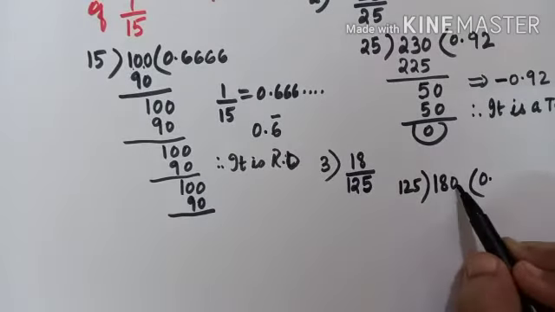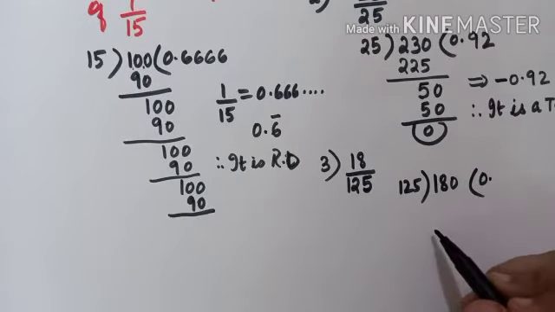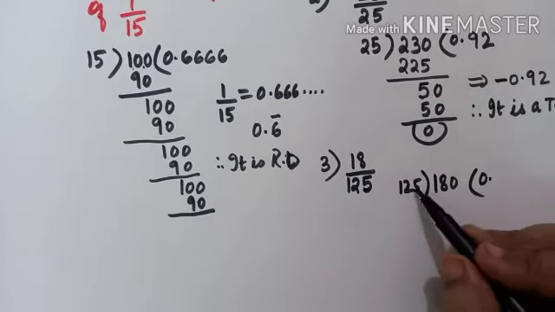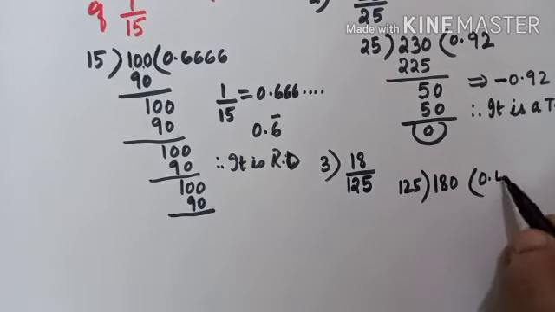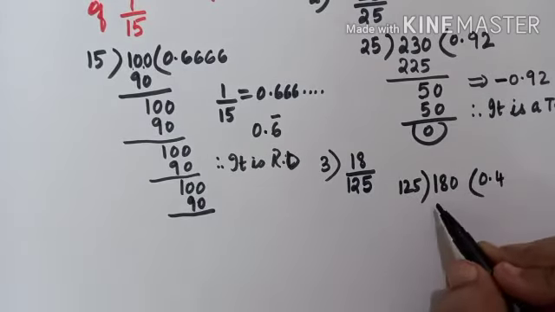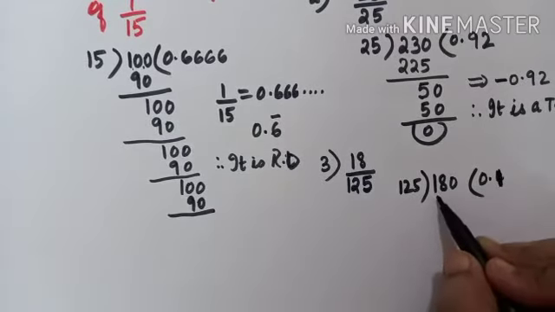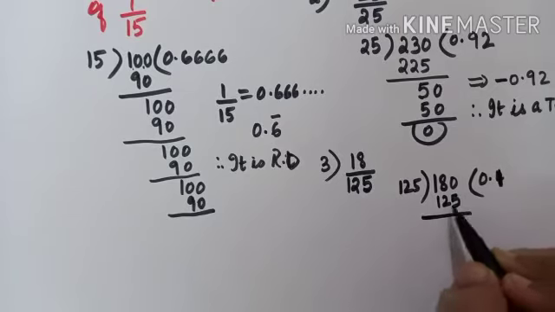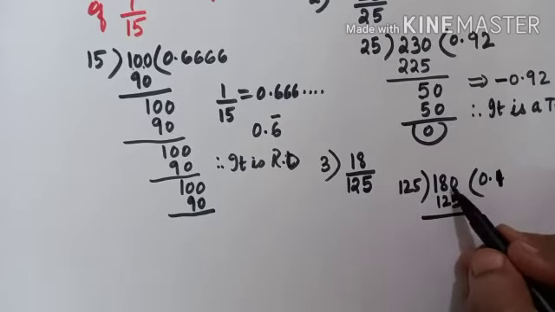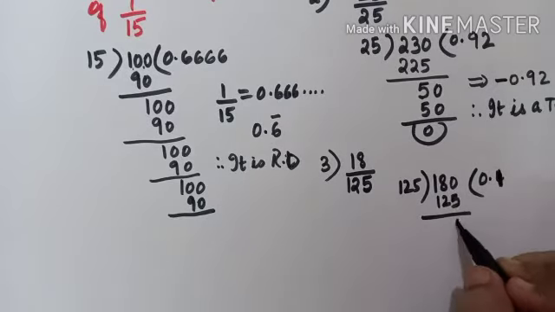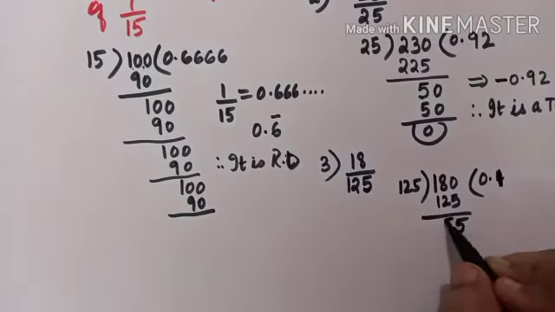Okay, so 180. In the 125 table, when 180 will go, or the nearer number to 180, so 125 1s is 125. Then 10 minus 5 will be 5, and 7 minus 2 will be 5.